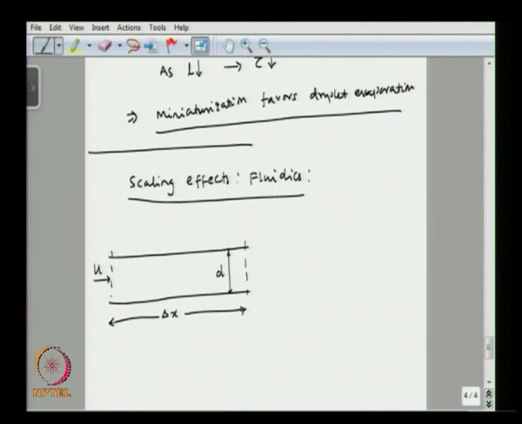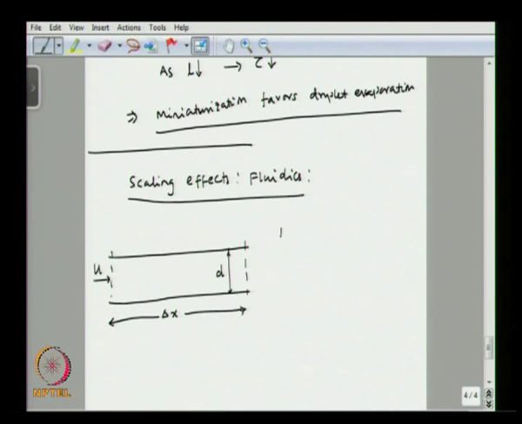We know that in case of laminar flow through a channel or a tube, we can apply the Hagen-Poiseuille law. So we can write delta P over delta x equals 32 eta u over d square.